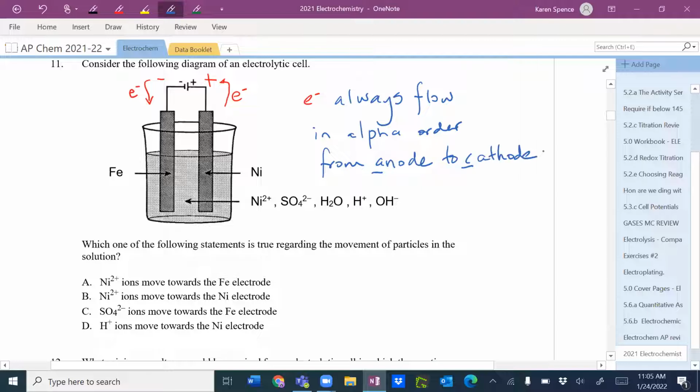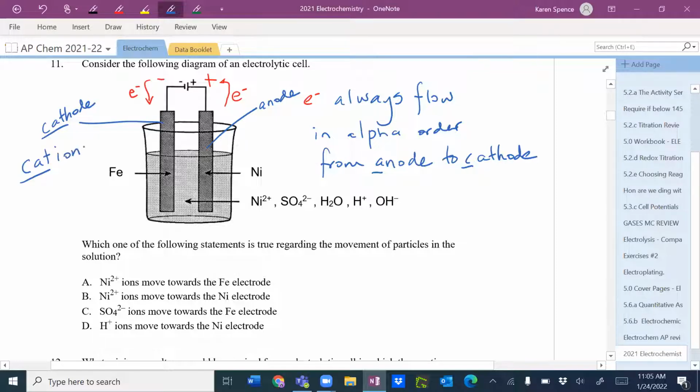So that means that our anode is the nickel. That's our anode. This is our cathode. And the reason a cathode is called a cathode is because cations migrate towards it. That's actually why it gets its name.